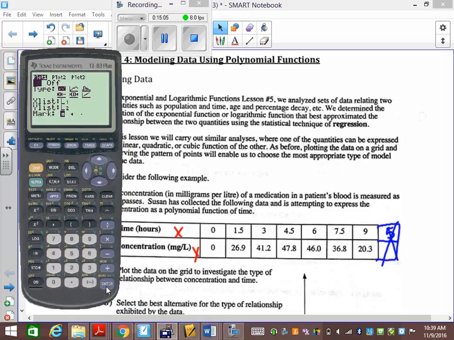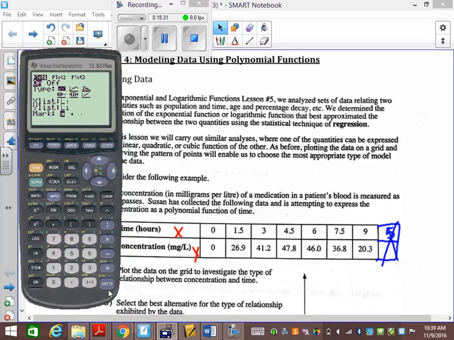And you see here list 1, list 2 is your X and your Y's, right? So just go second, stat plot, and turn it on. Yeah, and then just go second mode if you want out of it.